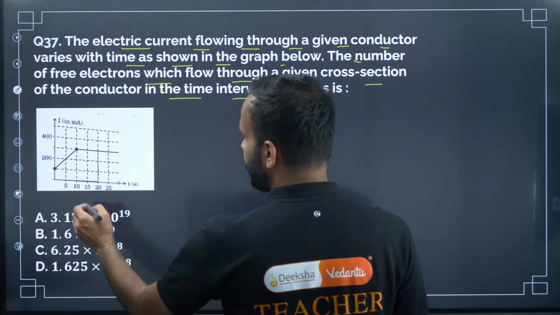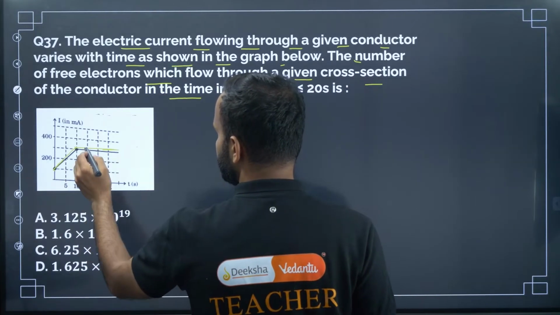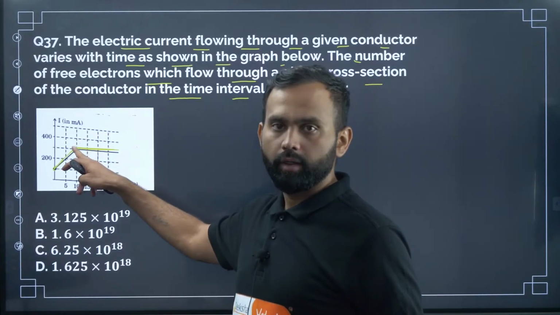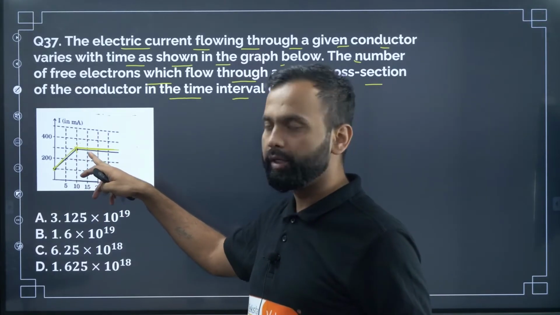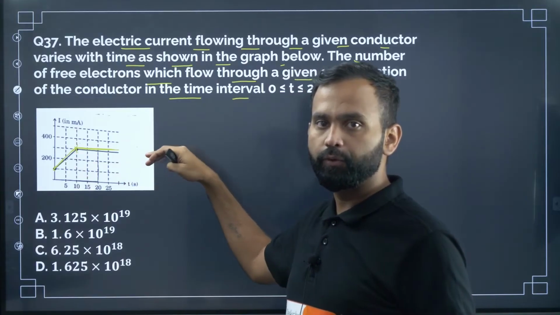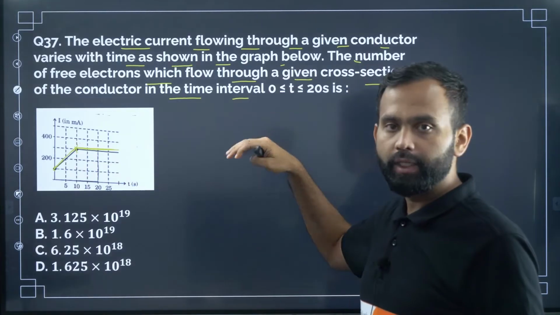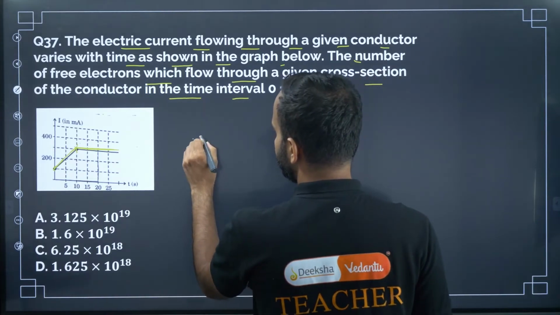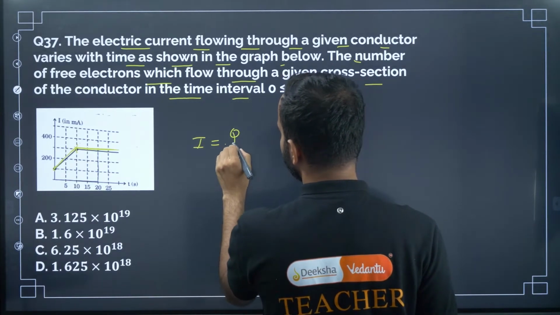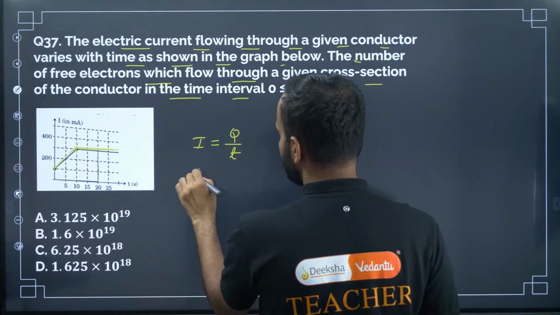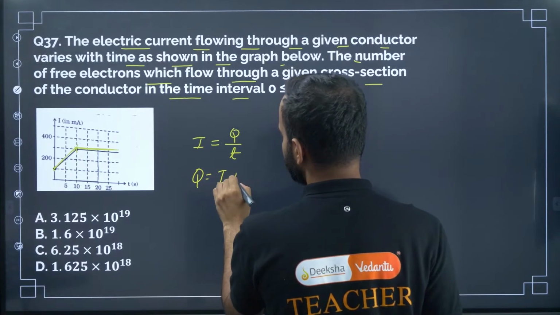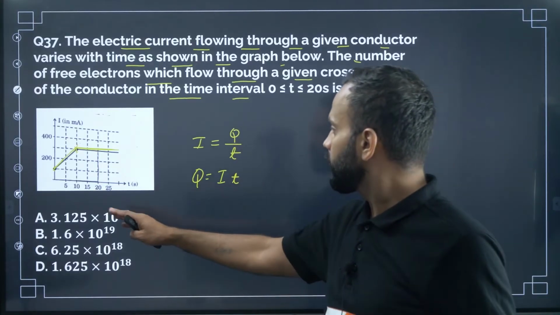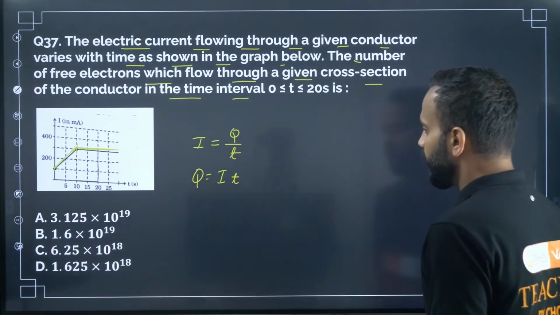Isn't it? So the area under this curve will be equal to the charge which flowed through the given cross section, right? Isn't it? So what is current? Current I equal to Q divided by T, right? So now Q equal to I into T, that is, the area under this curve is equal to the charge flowed through the given cross section, right? So now what is Q?